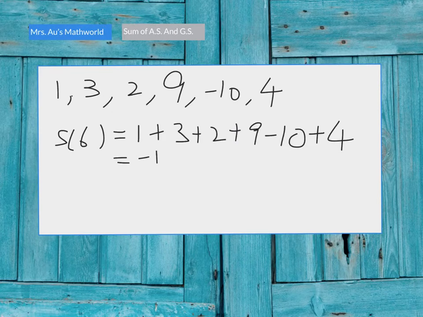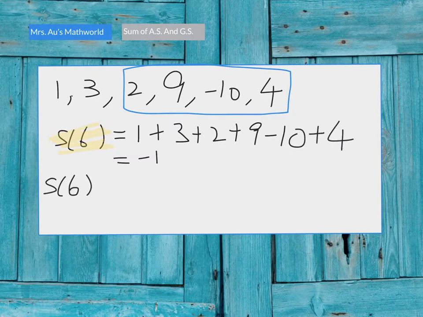But I have another question. What if I only use this formula, and I want to add only these four terms? How to do that? The way is we can still use it.